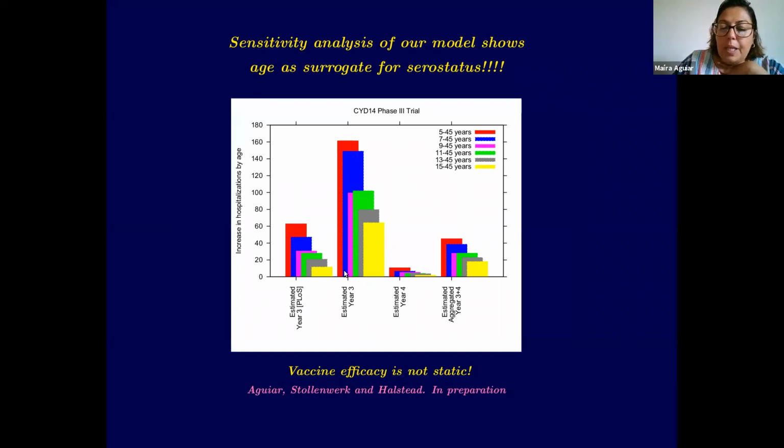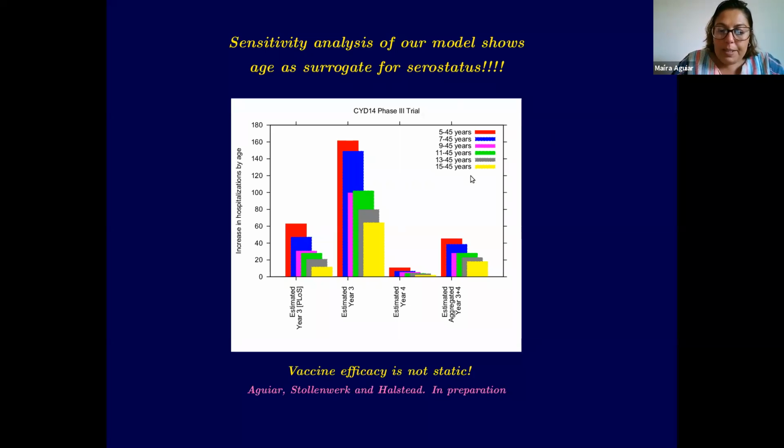We did a sensitivity analysis of the vaccine efficacy used in one or another age class by assuming a difference between seropositive and seronegative. And the result here was completely counterintuitive. When you have a vaccine, especially to protect children, we expect that the younger you vaccinate, the more you protect against infections in the population.